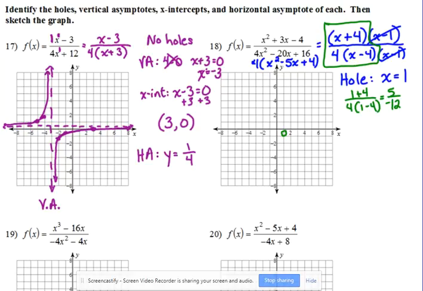Okay, so after holes, we look for vertical asymptotes. Vertical asymptotes come from what's left in the denominator. Okay, we were left with 4 and x minus 4 in the denominator. Well, 4 can't equal 0, but x minus 4 can. And that happens when x equals positive 4. So our vertical asymptote is at positive 4.